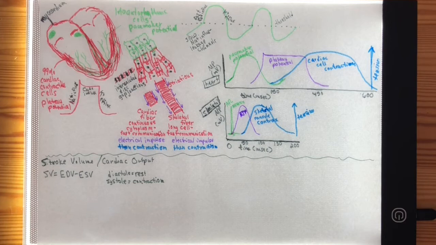Now, if end diastolic volume is the volume of blood left in a ventricle after diastole, that means that EDV would be the amount of blood that filled the heart while it rested.